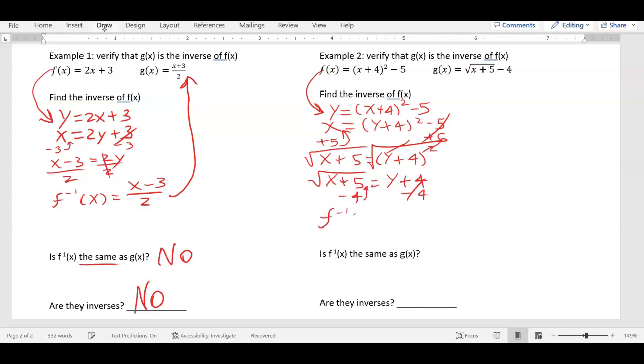So I get f inverse x equals square root of x plus 5, and after is a minus 4. Now, does that match g of x? F inverse of x matches g of x. Since those are the same, is it an inverse? Oh yeah. So, can you verify tables are inverses, graphs are inverses, and equations?